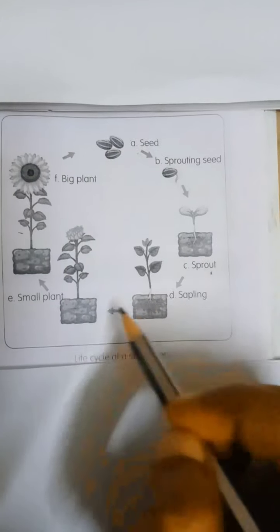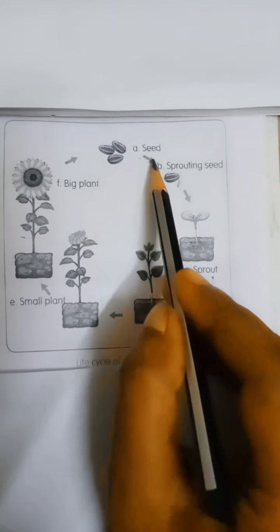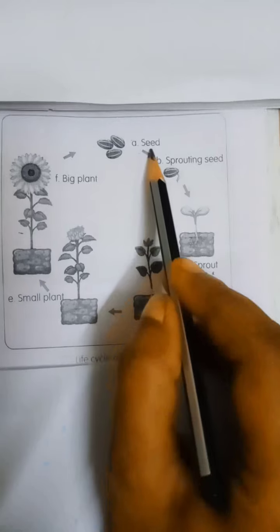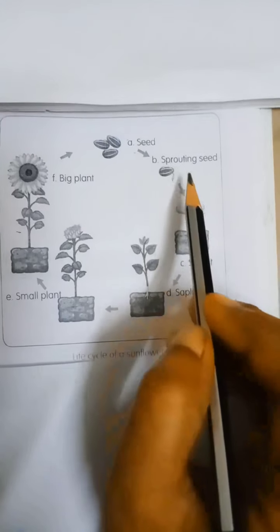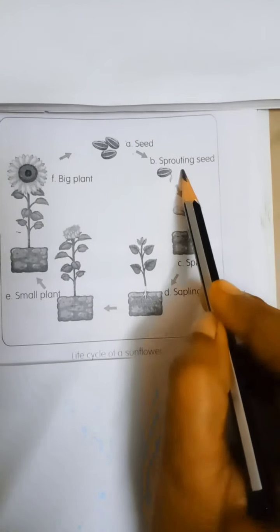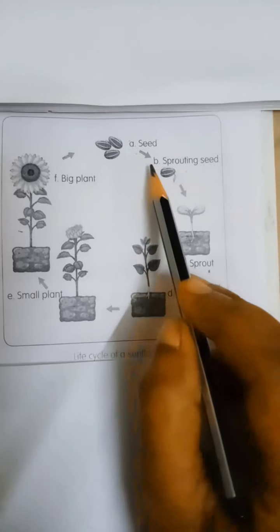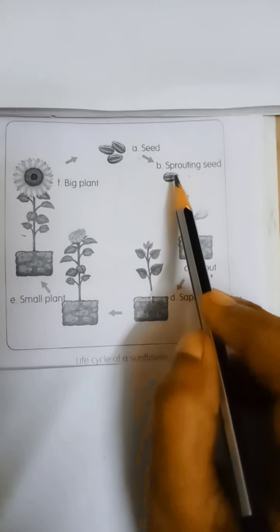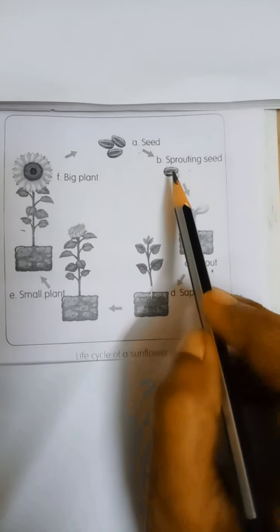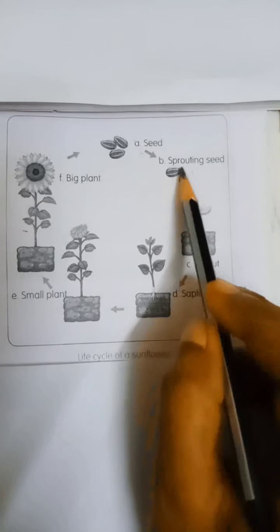A plant's life begins as a seed under the ground. The second stage is sprouting seed. After a few days, the seed begins to grow roots down in the soil.